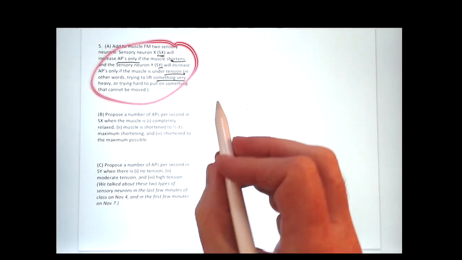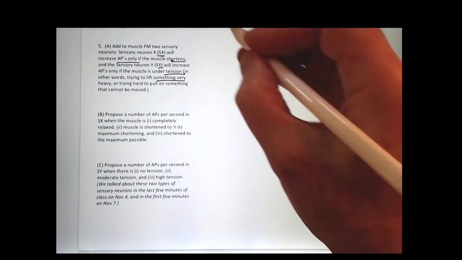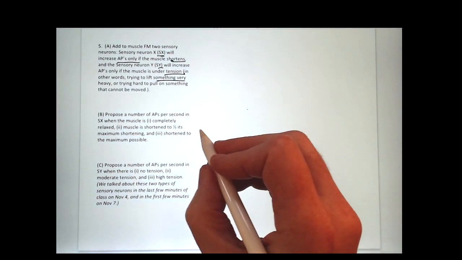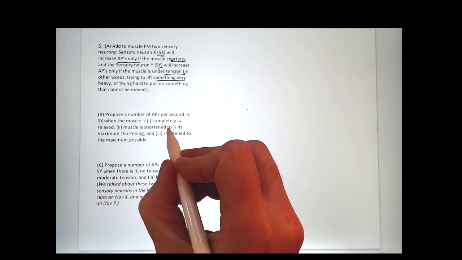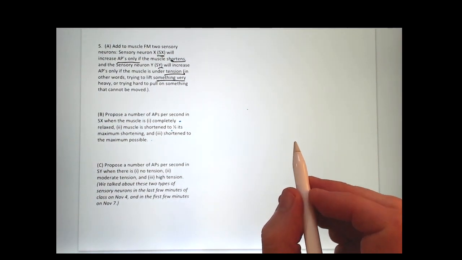So that's 5A. 5B, propose a number of action potentials per second in SX when the muscle is completely relaxed, shortened to 1/2 its maximum shortening, and shortened to its maximum possible.